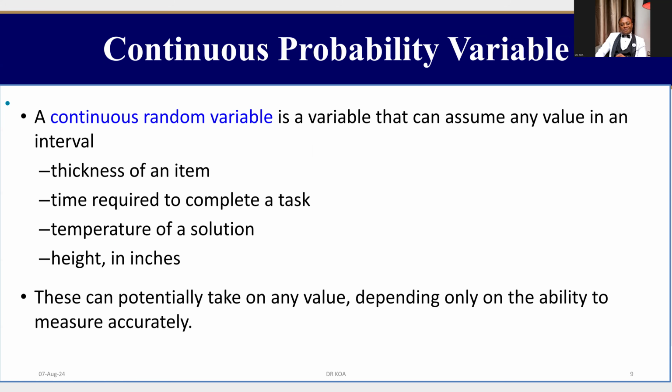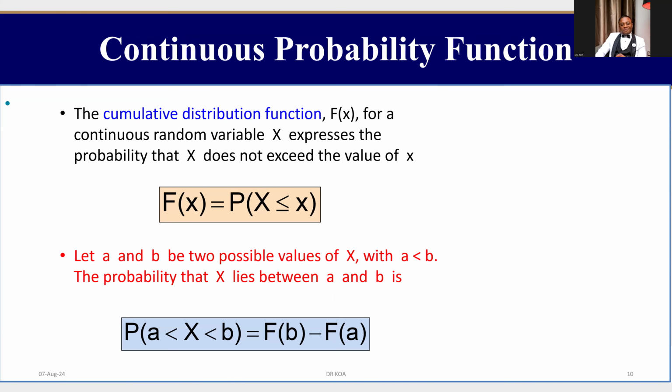Certain things are normally distributed. The time needed to complete a task, your age, your height, your weight, all of these are normally distributed. The temperature of a solution, normally distributed. Continuous random variables can take on any value, including decimals.